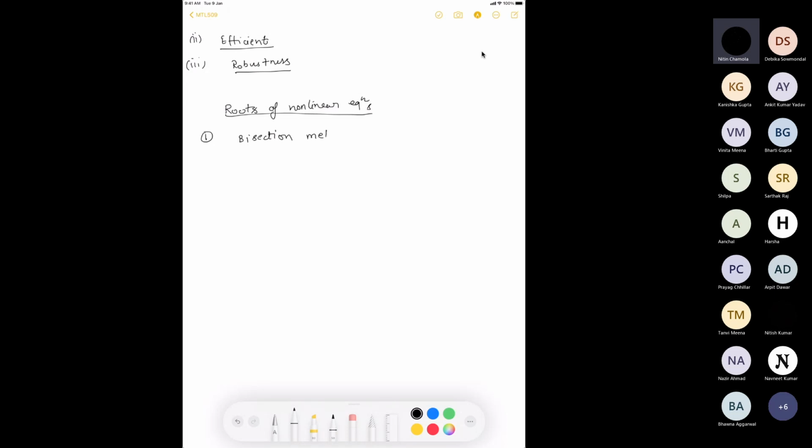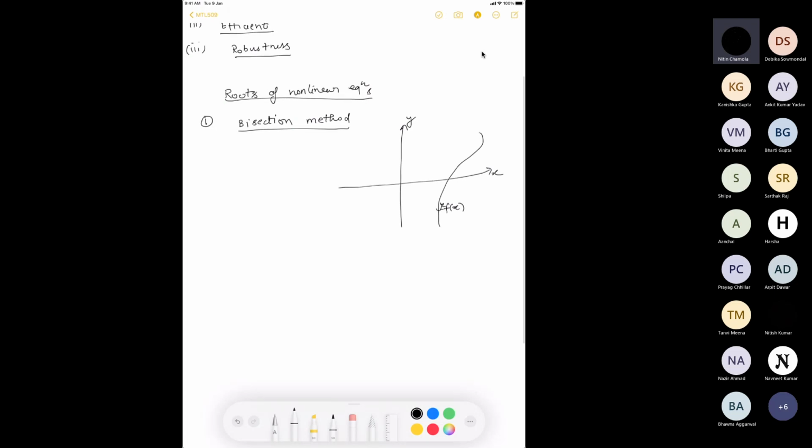Let's quickly review what we do in the bisection method. Given a function f(x), suppose this is the graph of the function f(x). What we are interested in is finding an approximation of the root, which is x star here.